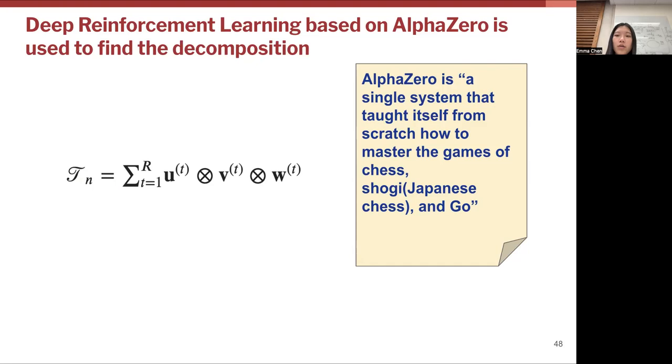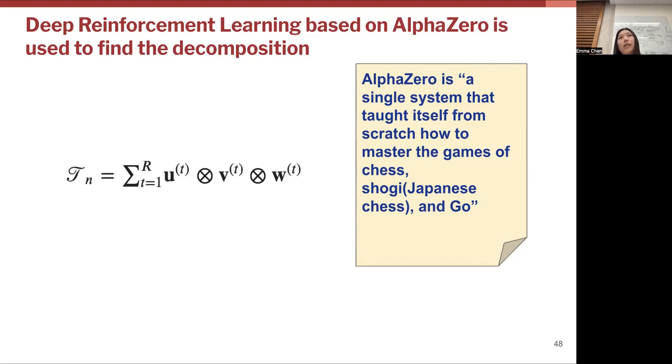Before I go into the way the game is formulated, I'll briefly mention what AlphaZero is. This is a very brief description I found from the DeepMind website. It's basically a system that teaches itself from scratch to play games.